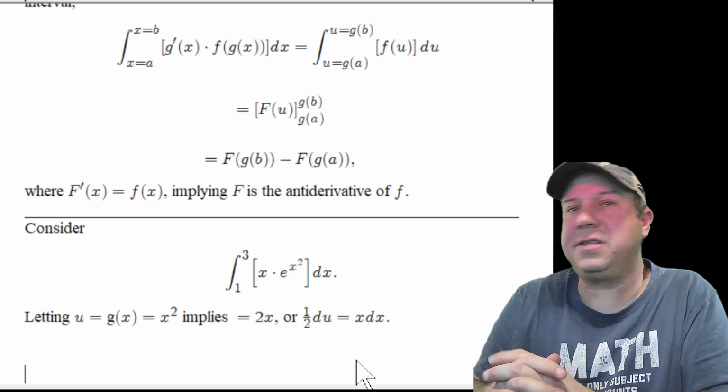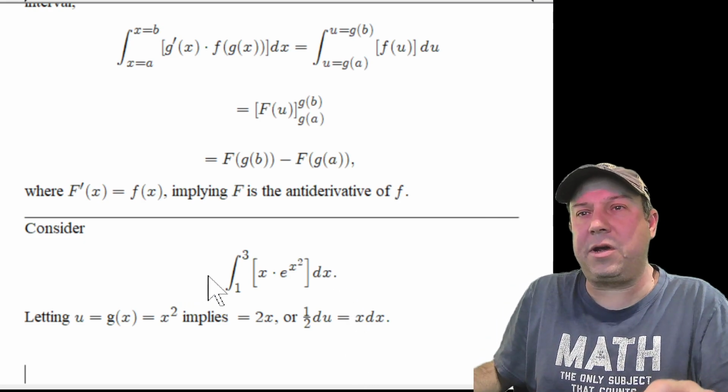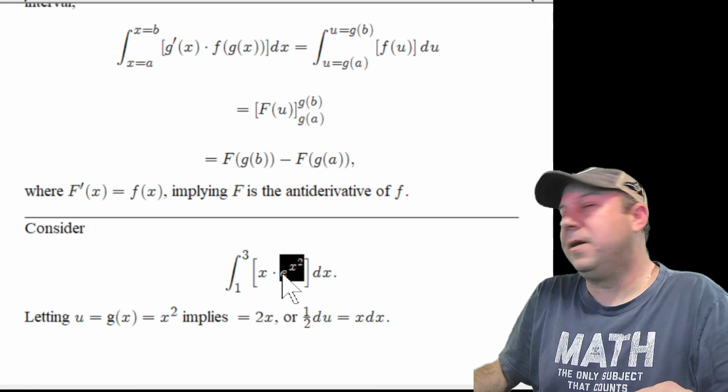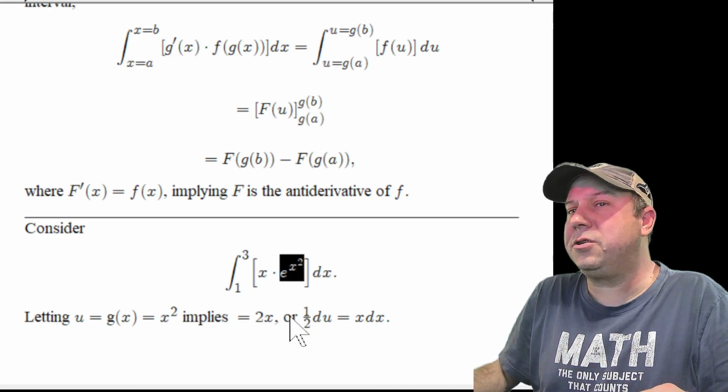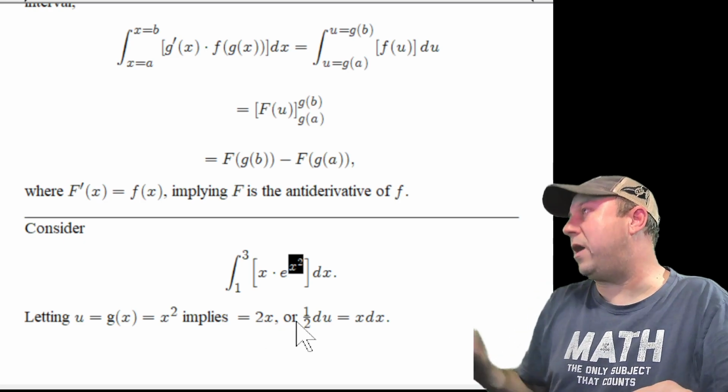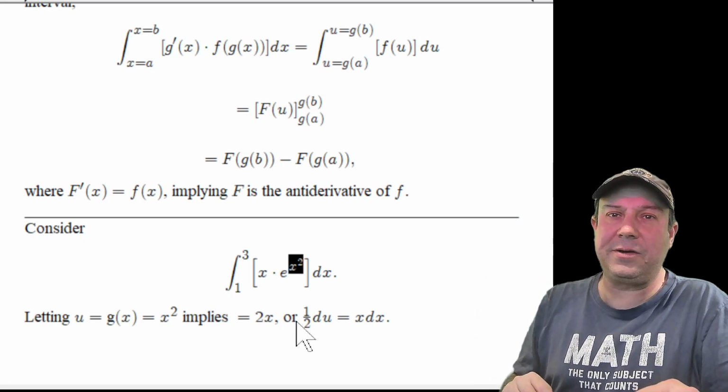Here's this example. Let's find the definite integral from 1 to 3 of x times e to the x squared. Now, e to the x squared, you'll notice, is a composite of the exponential function e to the x with the square function x squared.